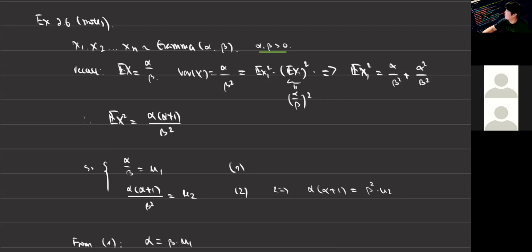So my question is, what should I set y_i to? Should I set it to x_i squared or the summation of x_i squared?